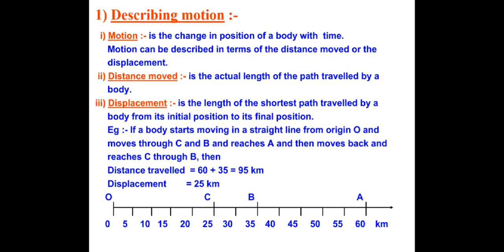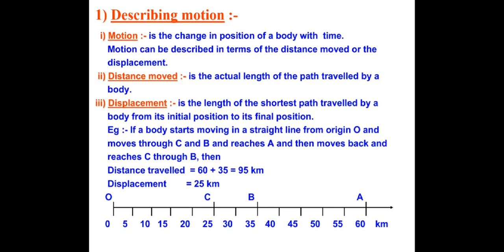Initial position means its starting position and the final position means its ending position. So displacement is the length of the shortest path travelled by a body from its initial position to its final position. So this is the difference between the distance moved and the displacement.